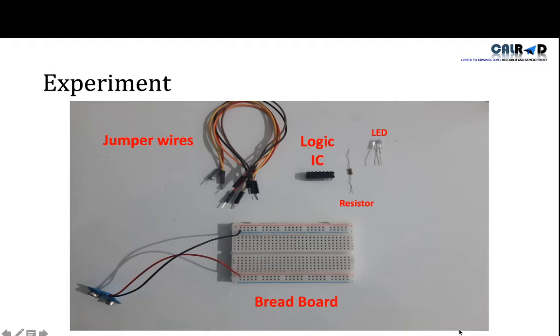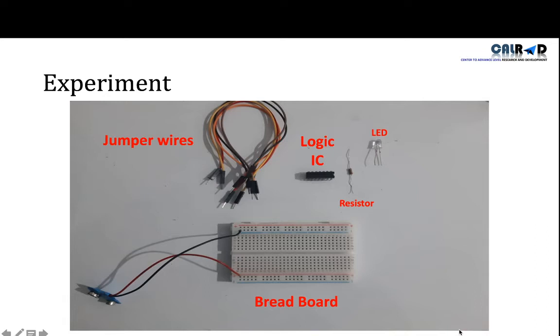If I ask why you use jumper wires: they are also known as connecting wires, and they are used to make connections, because on the breadboard there are no connections like on PCBs, so we have to make connections so that the current can pass through. So jumper wires are used for making connections.